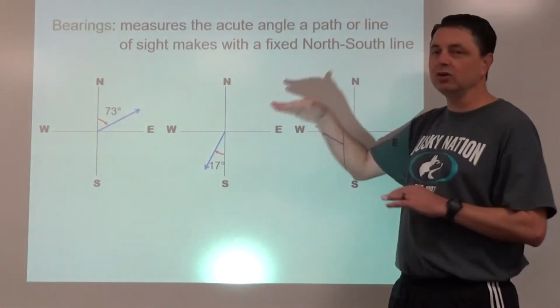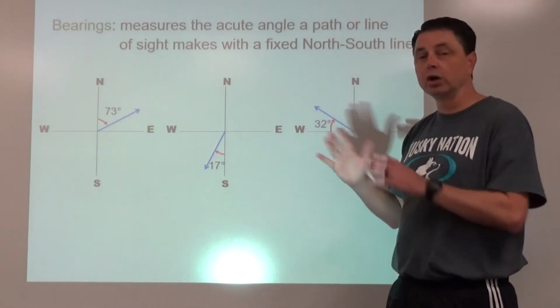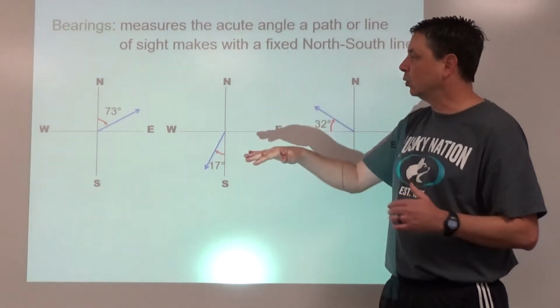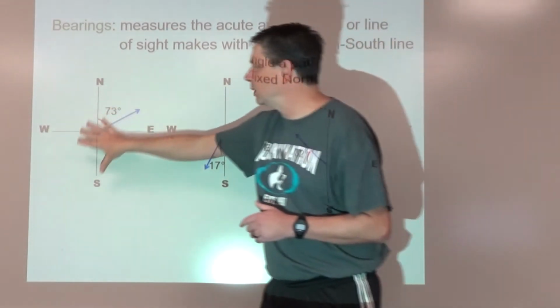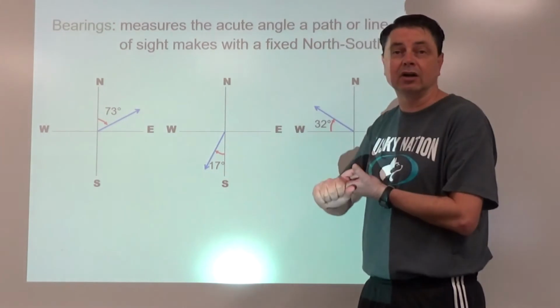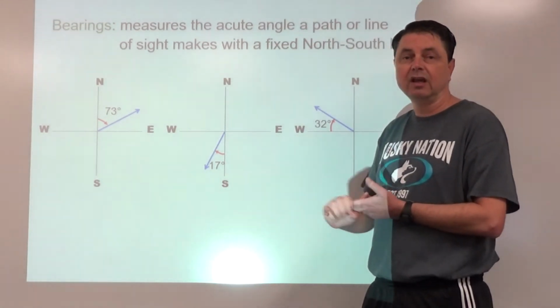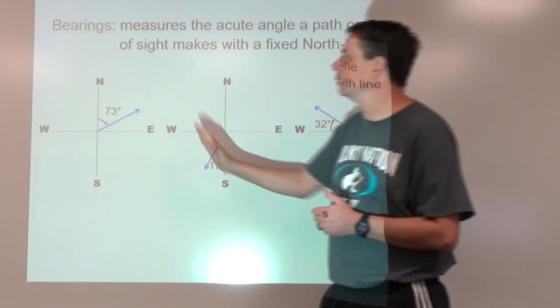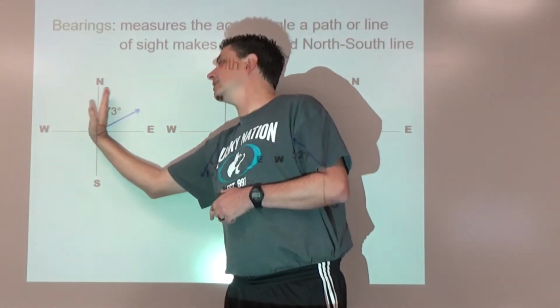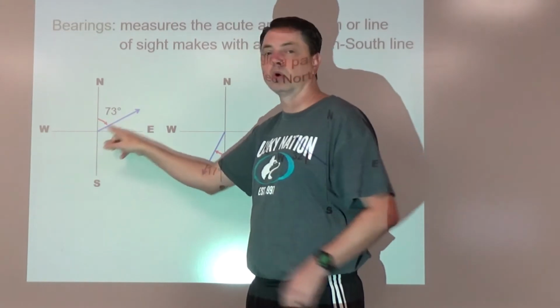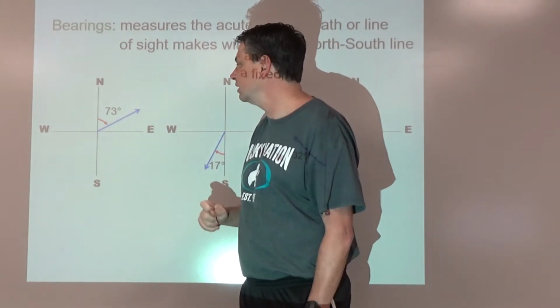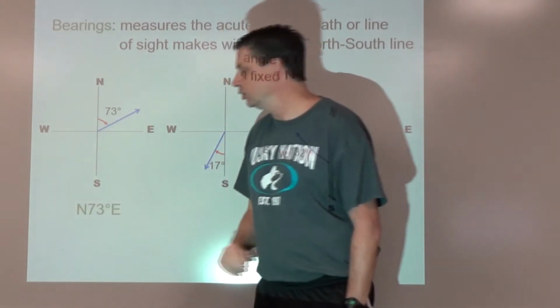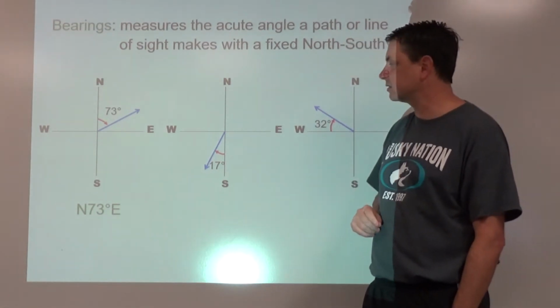And then we're going to bend one direction towards either west or east. So what we would say as far as bearing here is we'd start with either the letter N or S, saying we're going north or we're going south. So either going up or going down. In this case, we're going up. So we'd say north, bend 73 degrees towards the east. So our bearing is going to be north 73 degrees east.